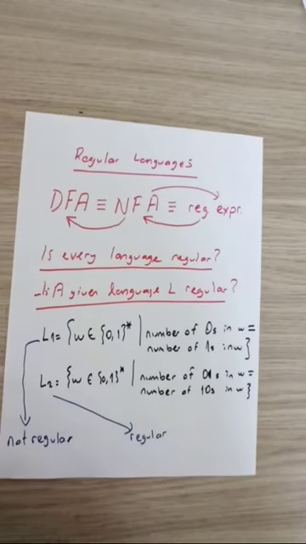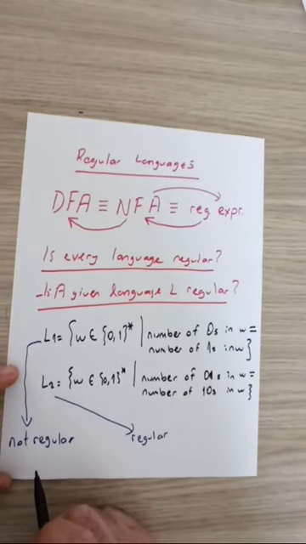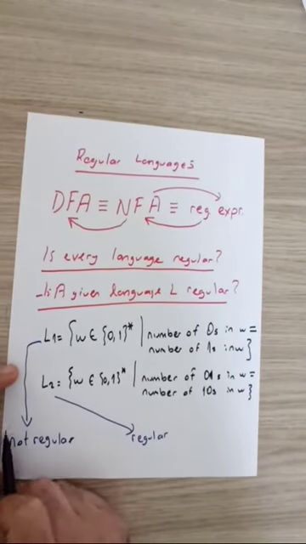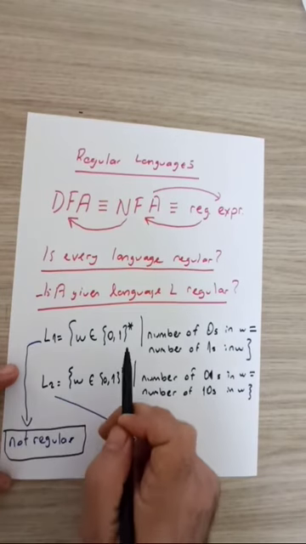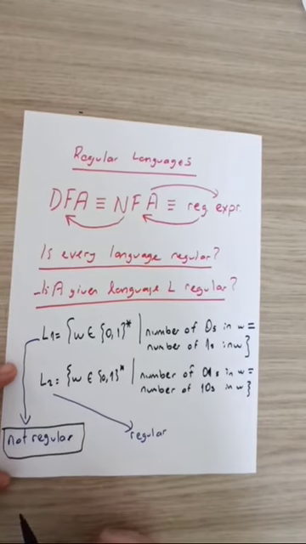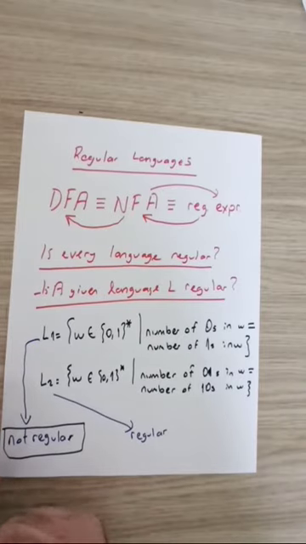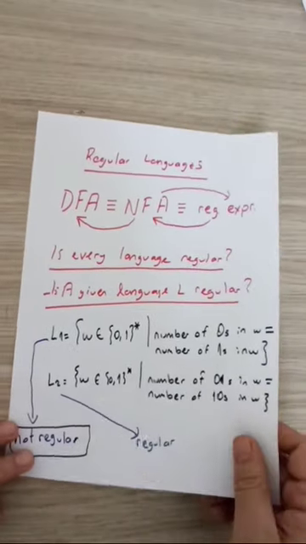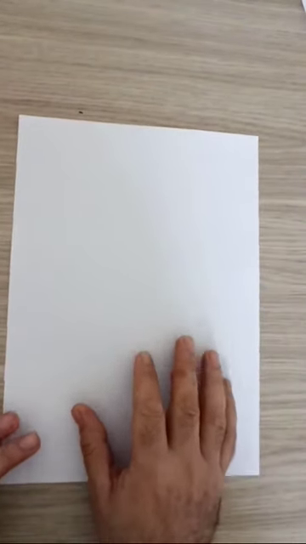But when it comes to formality, how do we formally prove that such a language is not regular? Or in general, how do we formally prove that a given language is not regular? To do this, we actually have a lemma called the pumping lemma.